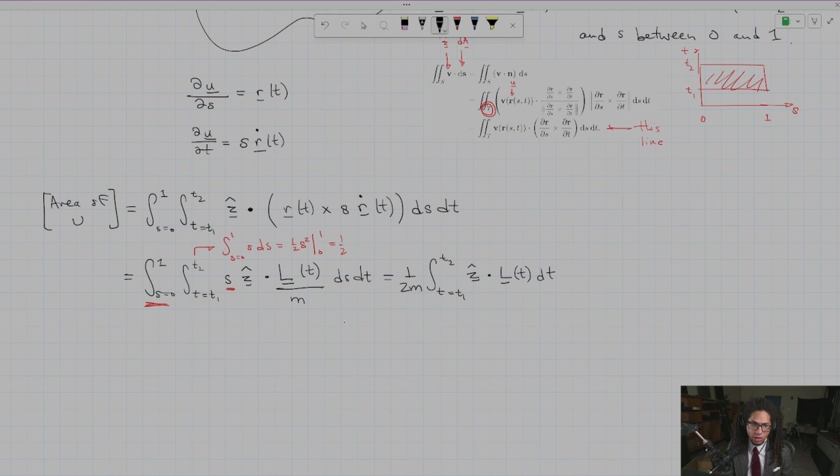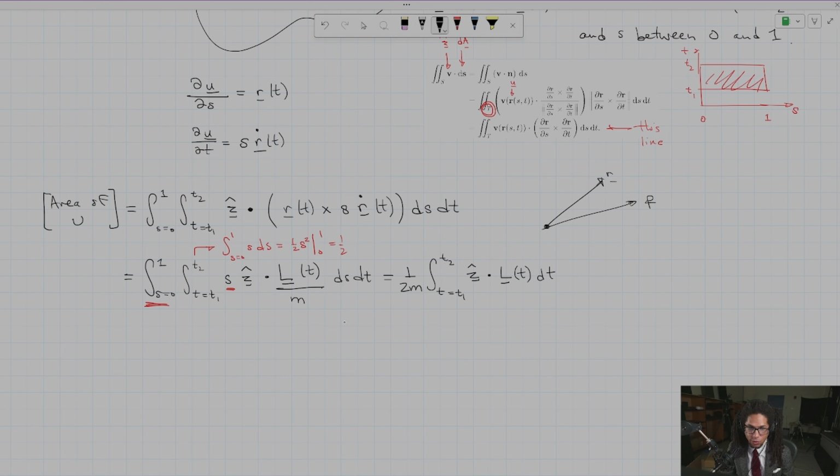Now, there's one more thing that I can do here. It's not the most important, but I might as well do it, which is that I have planar motion. Anytime I have planar motion, I know that L lies in the z direction. And that's because, again, if R lies in the xy plane and P also lies in the xy plane, then, so if this is R and this is P, then their cross product lies in the direction that is perpendicular to both of them.